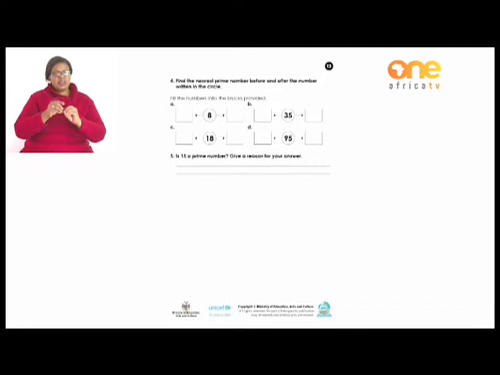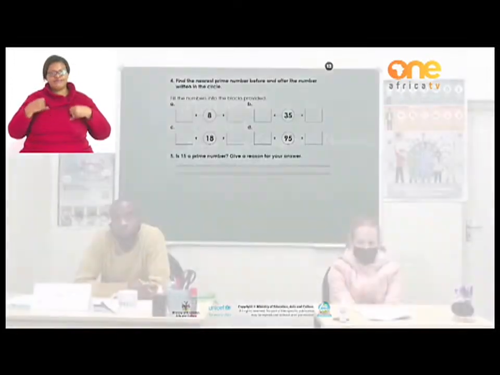When we look at the number 15, some will say it's a prime number. Some say, no, it's not a prime number. What do you think? And also, once you have stated whether it's a prime number or not, please give a reason for your answer. Why are you saying it's not a prime number? Okay? So I hope that you will enjoy this activity, and all the best.